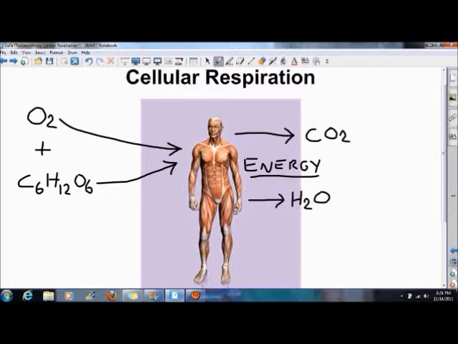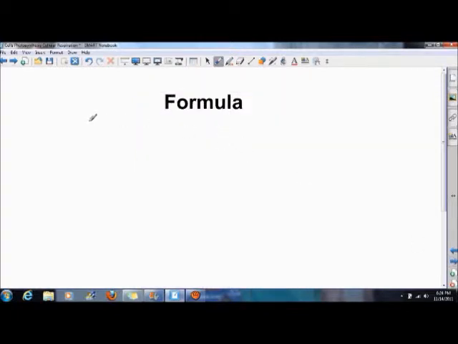Okay, again, there is a formula for this. We'll add a couple extra numbers to it. Remember, it's pretty much the opposite of photosynthesis. If you memorize one, you've got the other. They're just opposites. So this one is C6H12O6. That's our sugar, our food, our glucose.